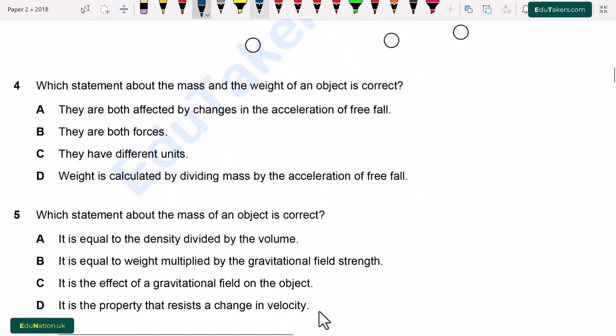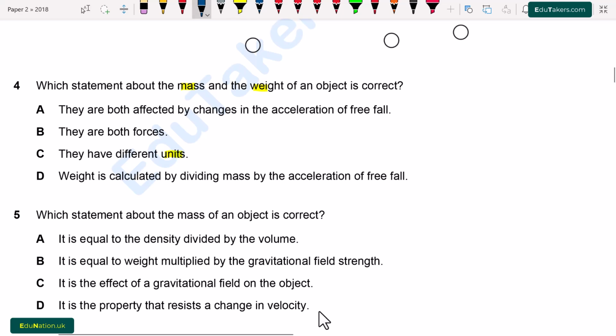Question number 4. Which statement about the mass and the weight of an object is correct? Option A. They are both affected by changes in the acceleration of free fall. B. They are both forces. C. They have different units. D. Weight is calculated by dividing mass by the acceleration of free fall.